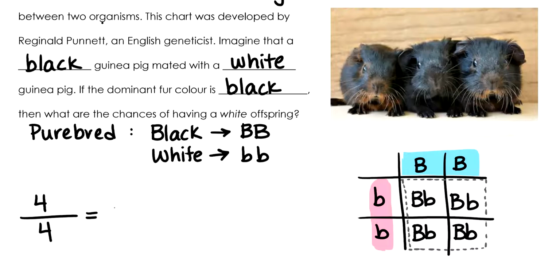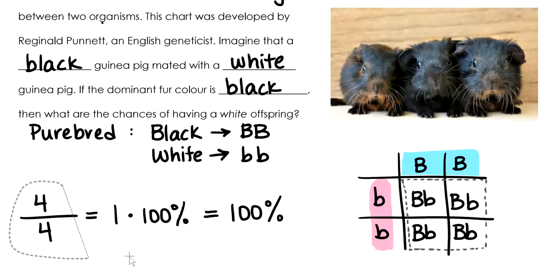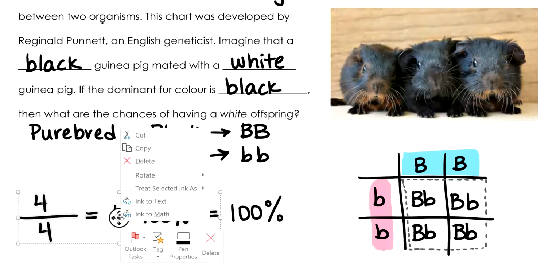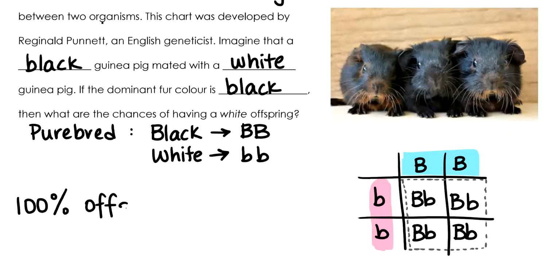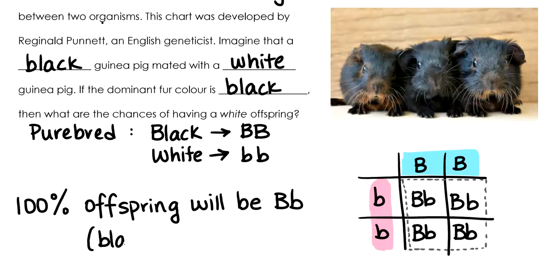As a fraction, that's equivalent to 1 whole. And how do we change a fraction to a percent? We multiply by 100%. So 100% of our offspring are expected to be big B little b. This means that they're going to have black fur.